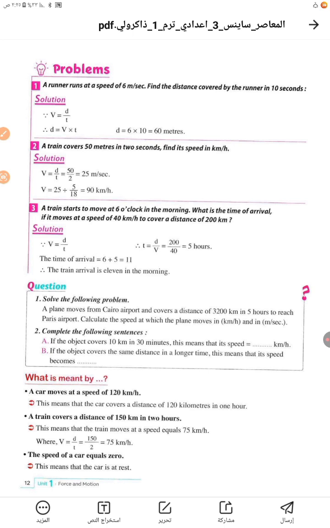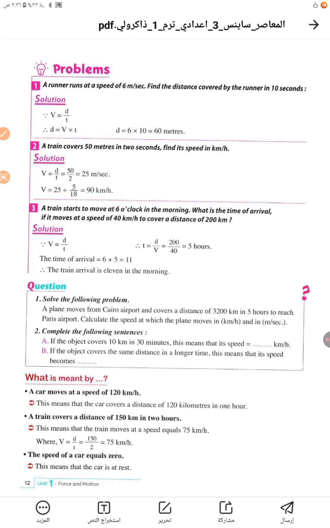Number 2: a train covers 50 meters in 2 seconds. Find its speed in kilometer per hour. Be careful with the units: kilometer per hour. I calculate the velocity equals distance over time, so 50 over 2 equals 25 meter per second.